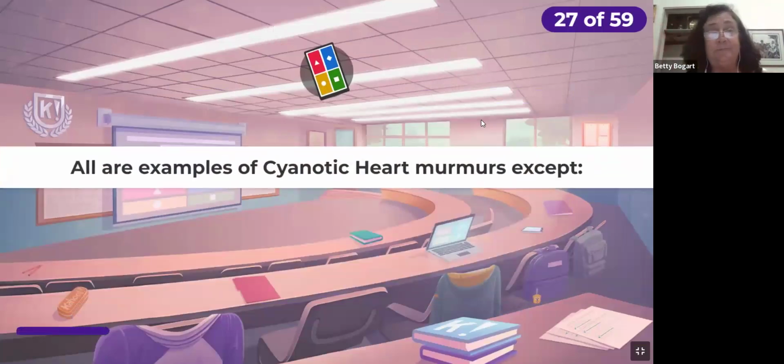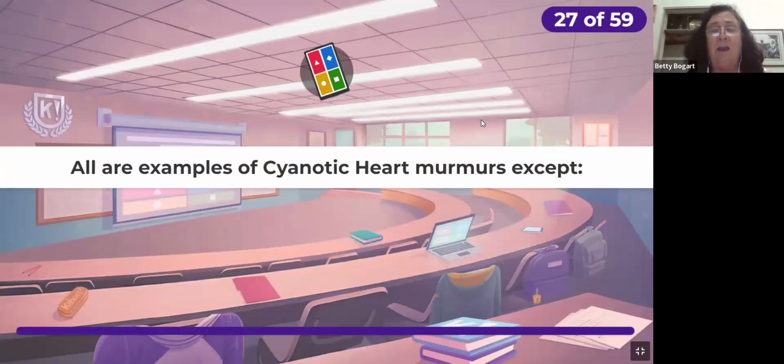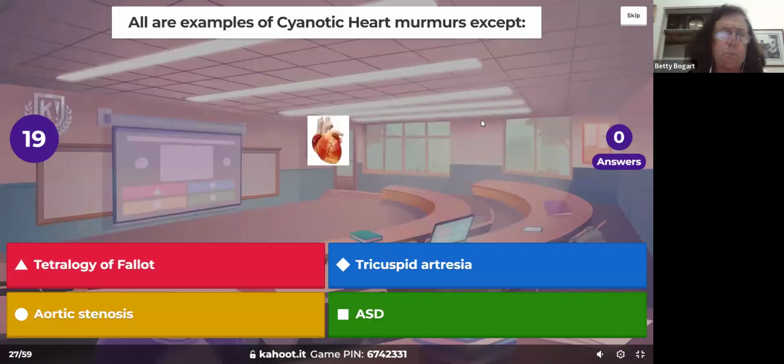25th percentile. All are examples of a cyanotic heart defect, except... well, I already told you tetralogy is cyanotic. I've explained what tricuspid atresia is.